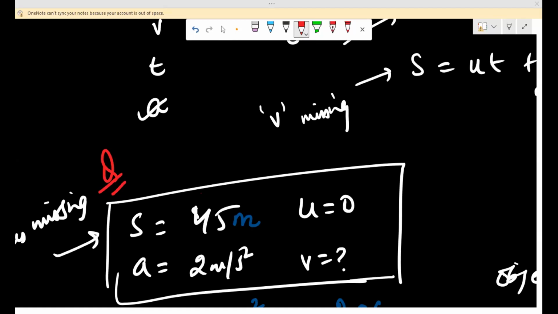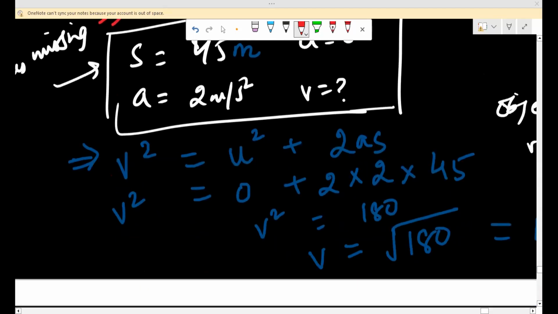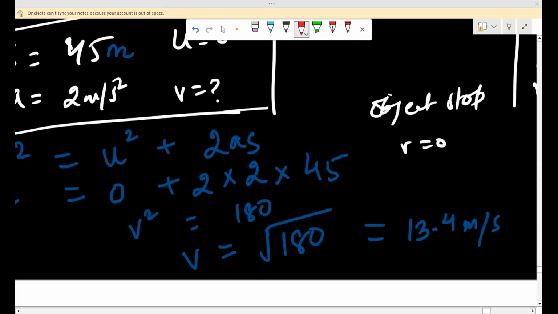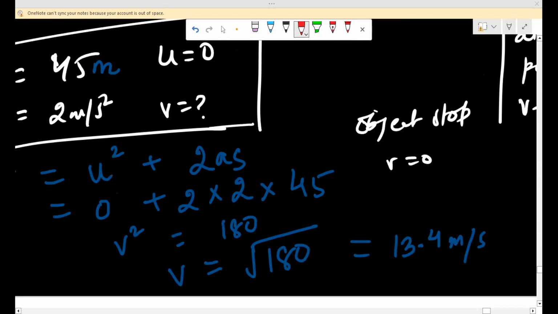Ma'am, I get root 180. What? You've got square root of 180. Acha, yes, perfect. Square root of 180 from that long division method I've told you.